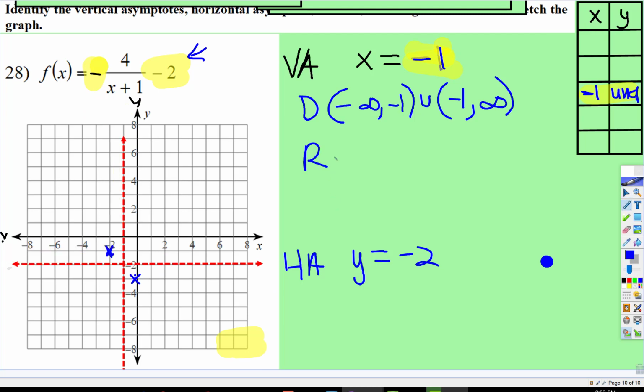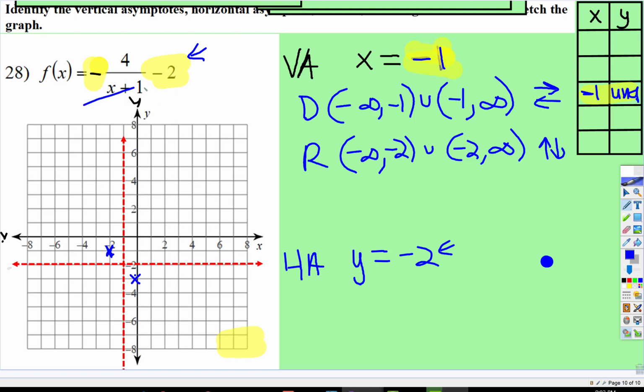So the range, we're going to use that value, will be -infinity getting really close to -2 and then really close to -2 and headed off to positive infinity. Range is up and down, and domain is left and right. So we've taken care of this. We know it's going to be negative, and negative means it will be over here and over here.